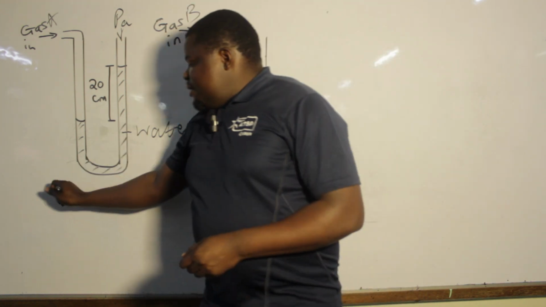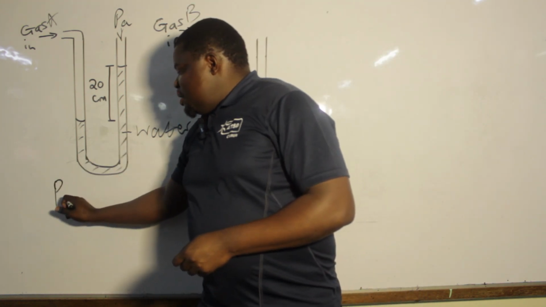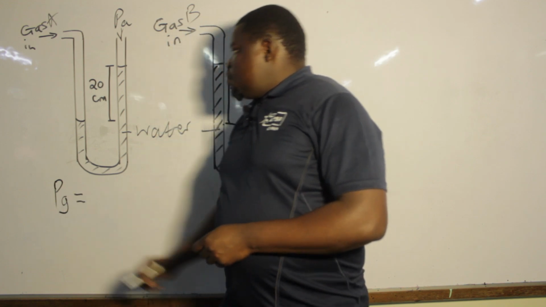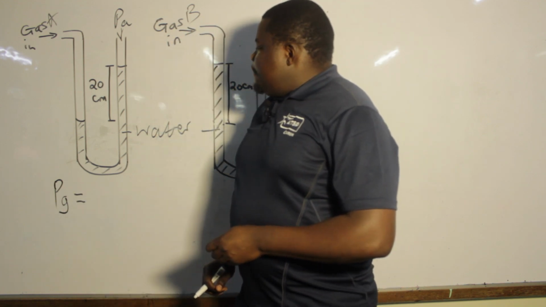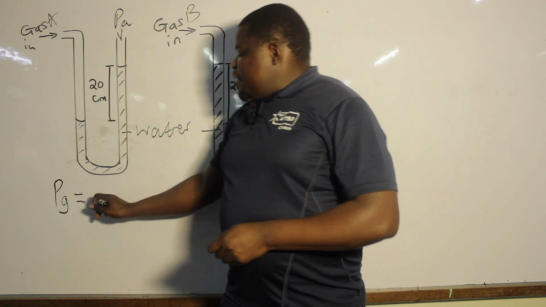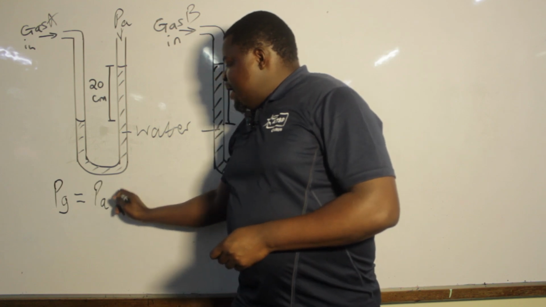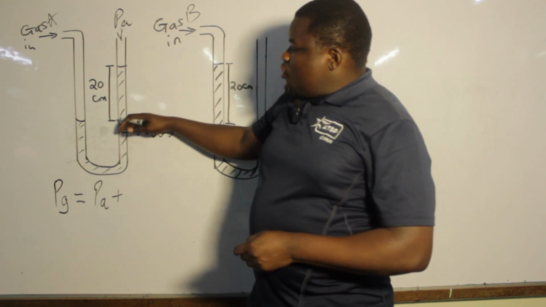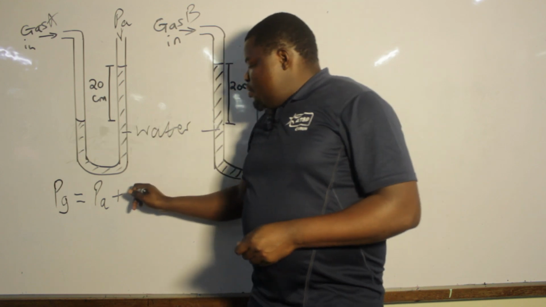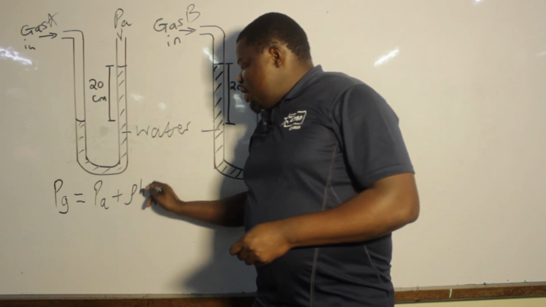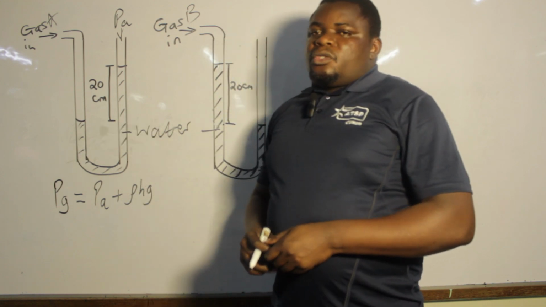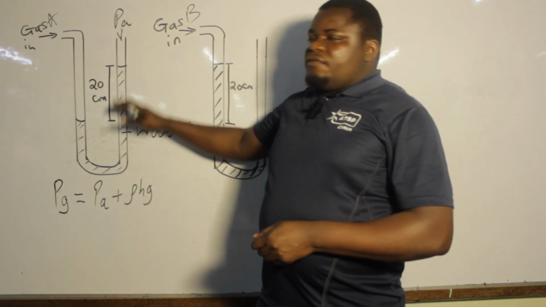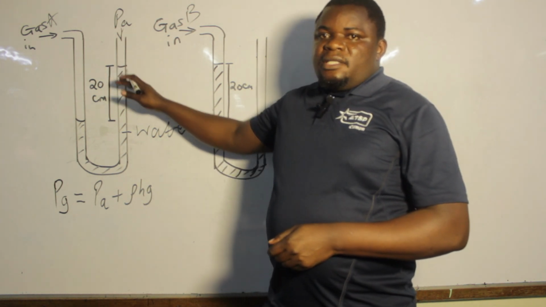Therefore, in this case we say that the gas pressure Pg equals atmospheric pressure Pa plus the pressure due to the difference in heights, which is given by rho g h. So this is the formula we use for this case.